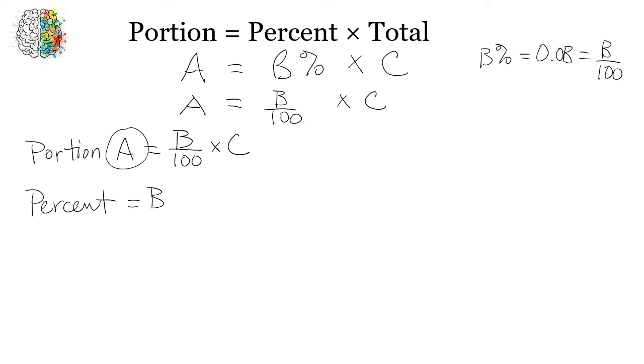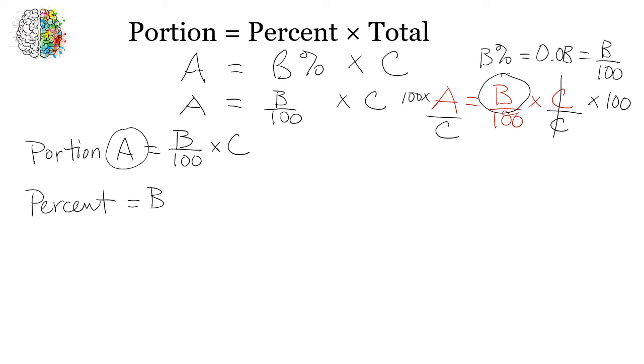So if I have A equals B over 100 times C, and I want to get B by itself, that means I need to divide both sides by the C, so that will cancel out, and I'm going to want to multiply both sides by 100, so the 100 cancels out.